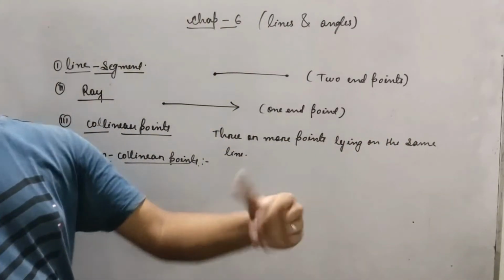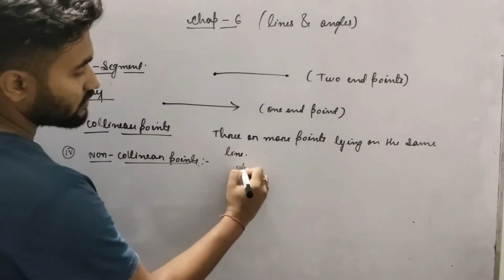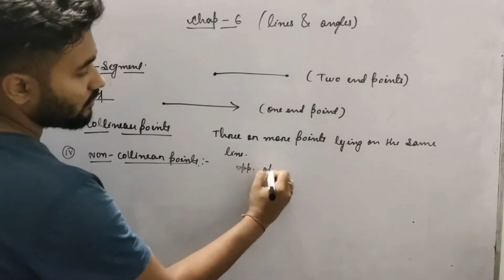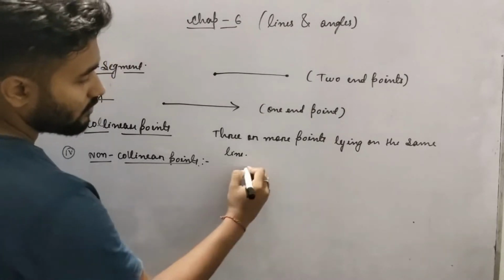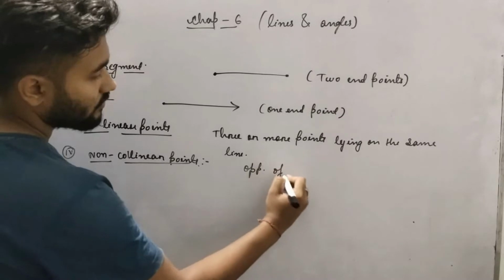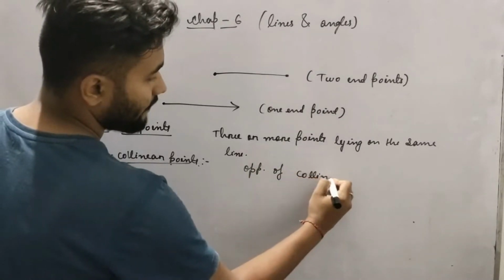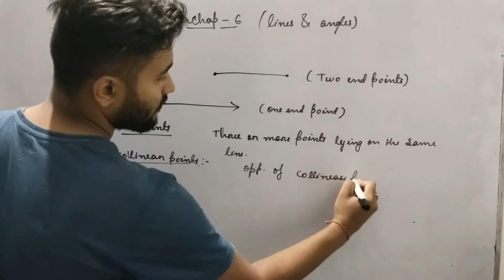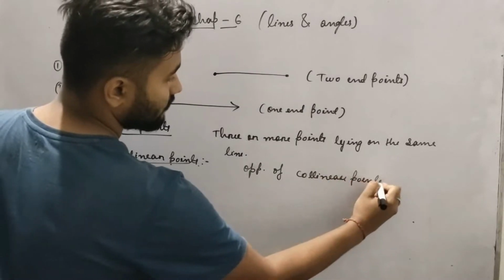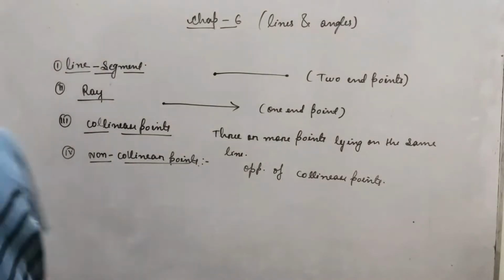If not, then it is non-collinear. So I will write here: opposite of collinear points. Okay, done.